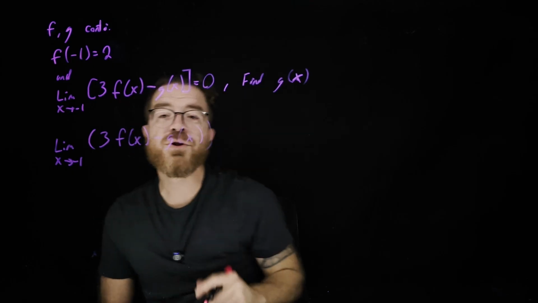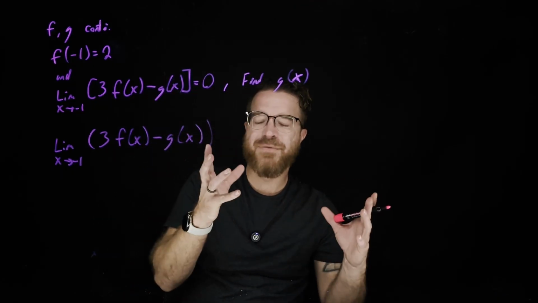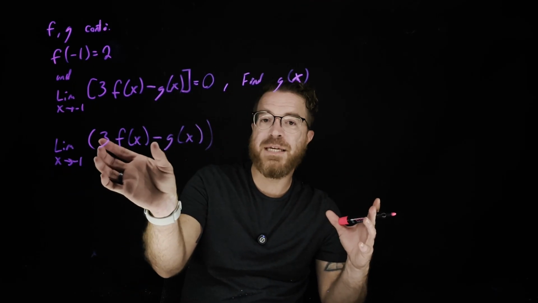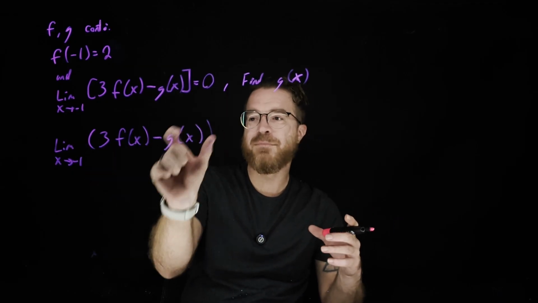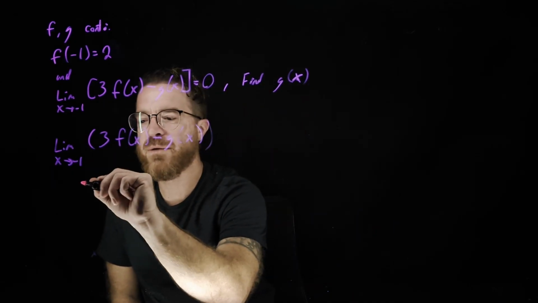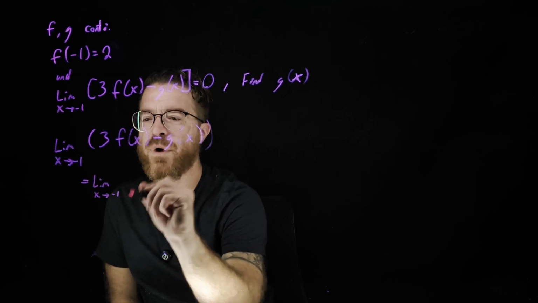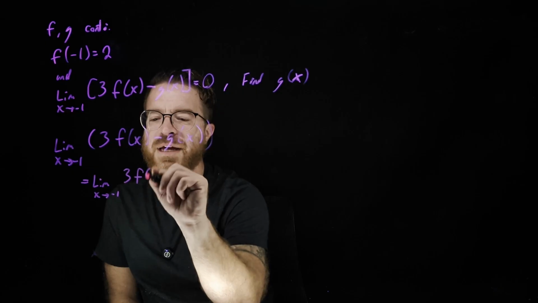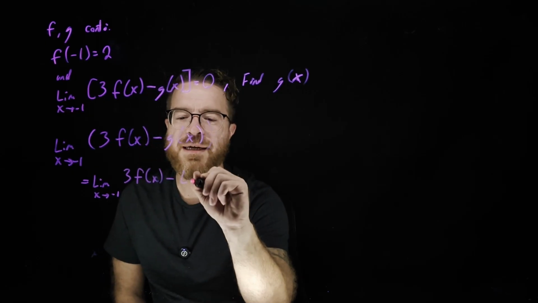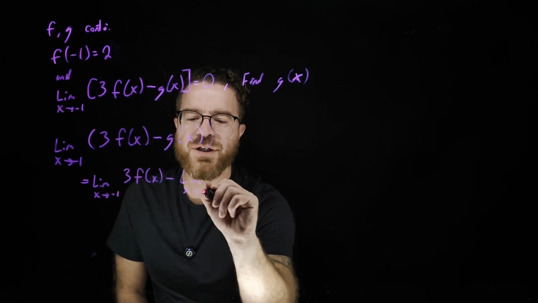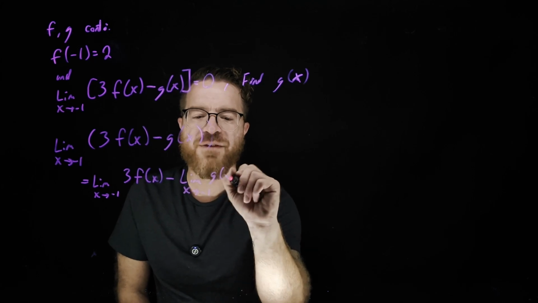And we're going to then use our limit rules to take the fact that we can take the limit of this minus this as the limit of this minus the limit of this. So this is going to be equal to the limit as x approaches -1, 3 f of x, minus the limit as x approaches -1, g of x.